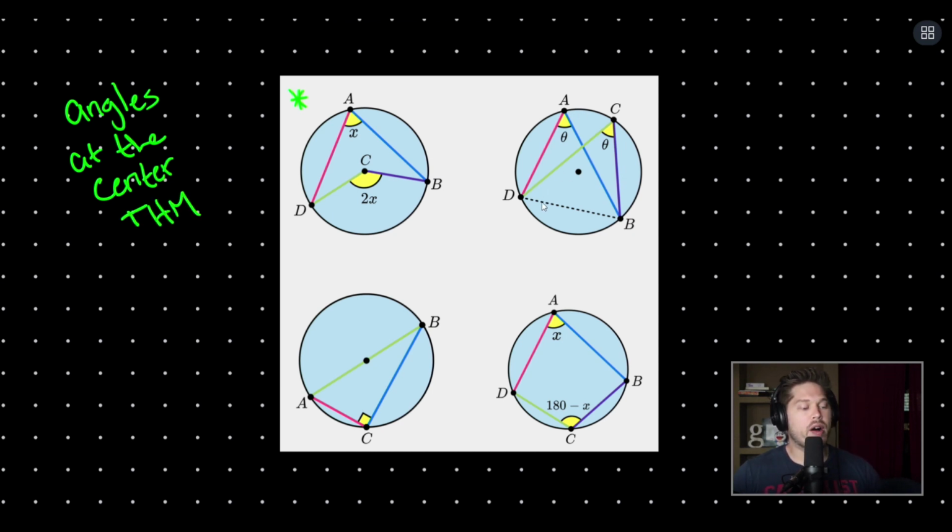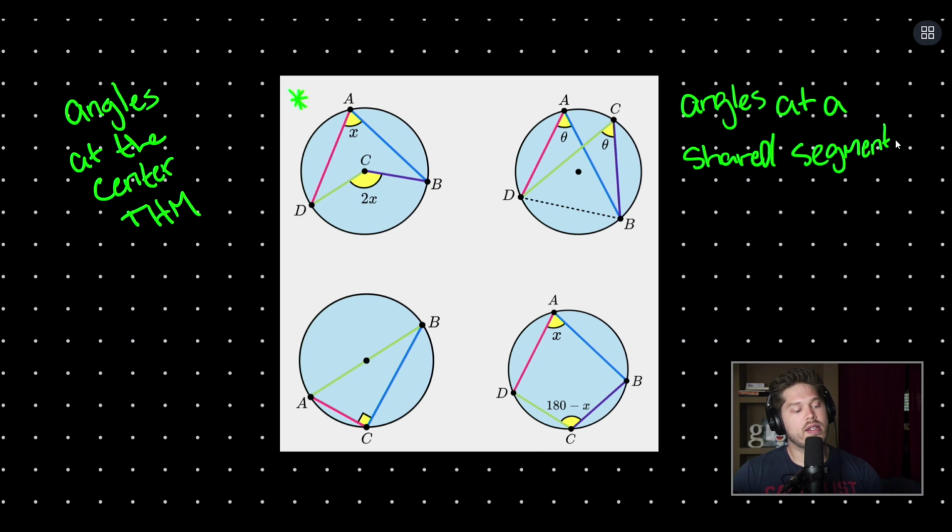Then we talked about how all inscribed angles going to the same segment or same arc measure are congruent, and this is rightfully named the angles at a shared segment theorem.